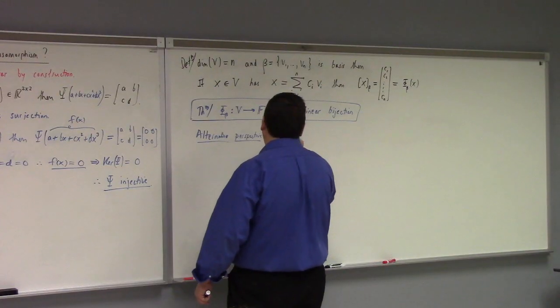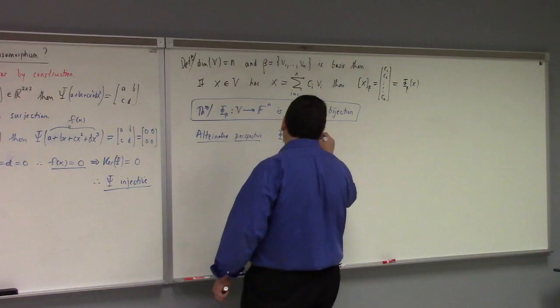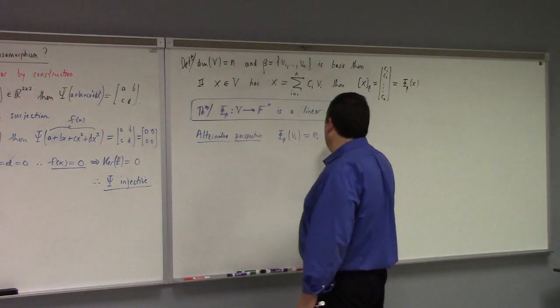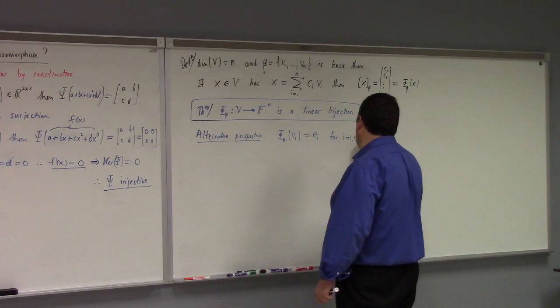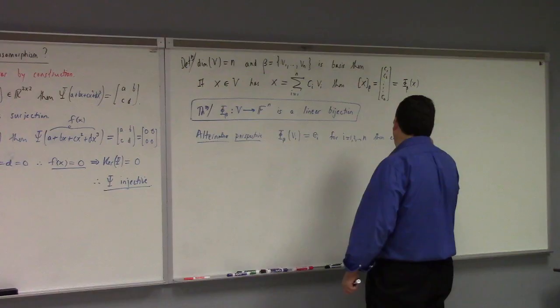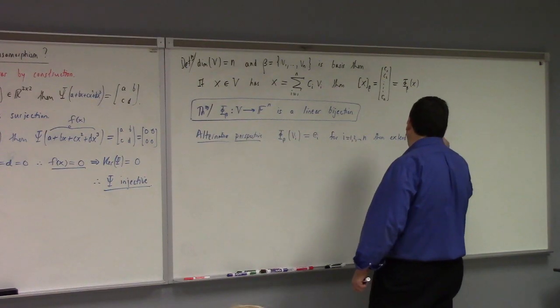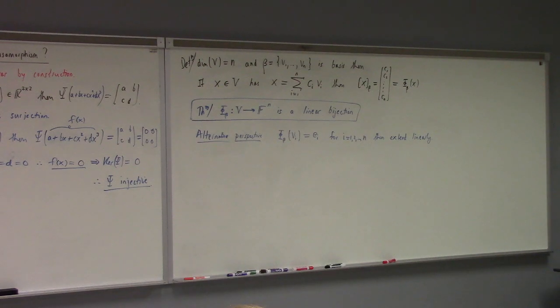We define phi sub beta acting on Vi to be Ei for i equals 1, 2, through n, then extend linearly. In fact, this is the unique linear extension of this.